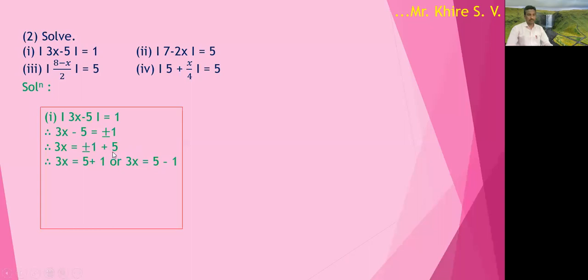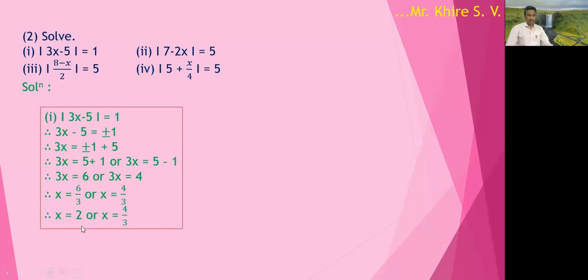Therefore, 3x is equal to 5 plus 1 is 6, or 3x is equal to 5 minus 1 is 4. Therefore, x is equal to 6 upon 3, or x is equal to 4 upon 3.